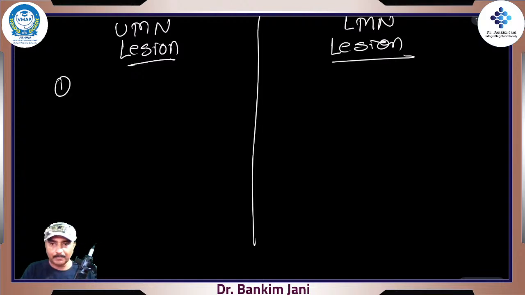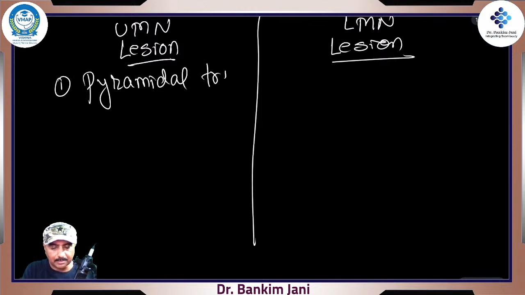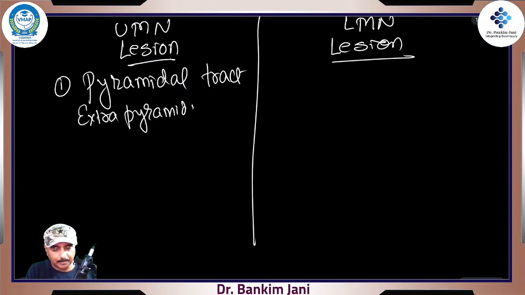So upper motor neuron lesion, right? Where could it be? In the brain, right? There are tracks which are called the pyramidal tracks, and these are the higher level tracks, or the extrapyramidal tracks.